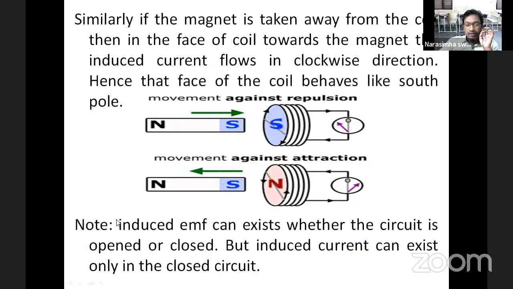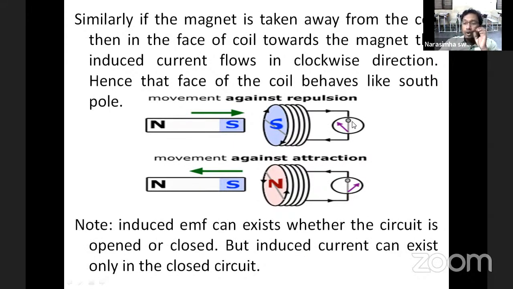Induced EMF means when the magnetic field is changing, then inside the coil only EMF will be generated first.